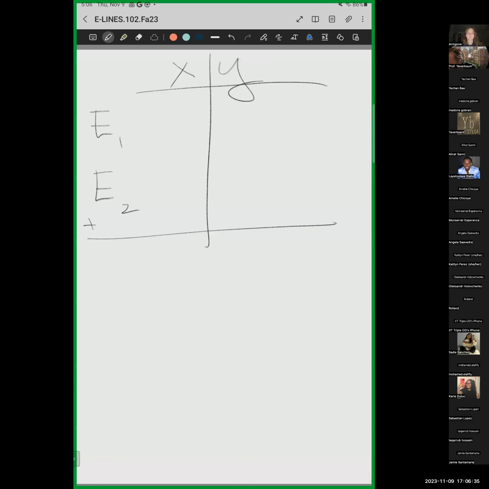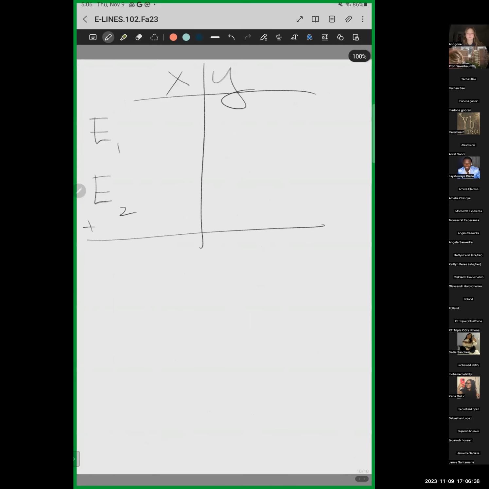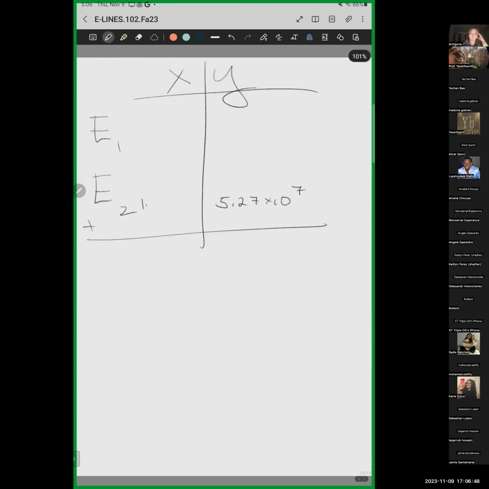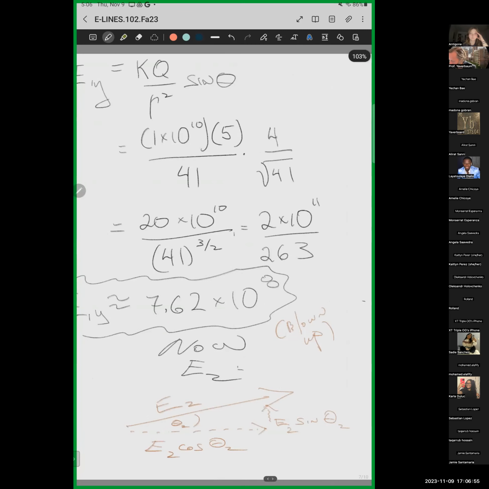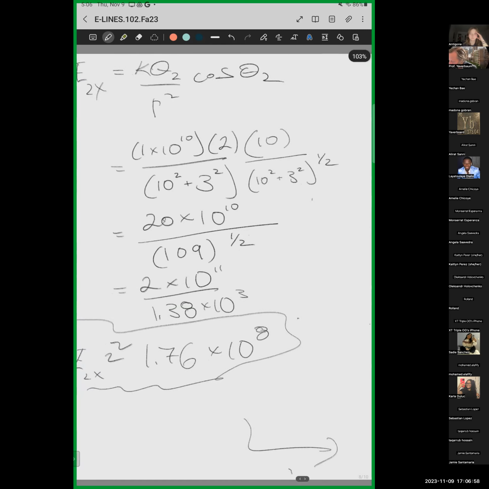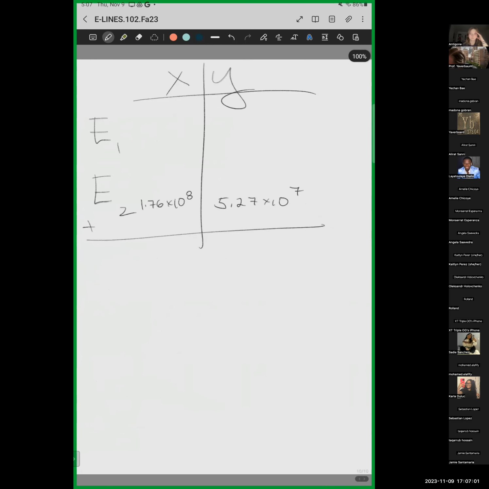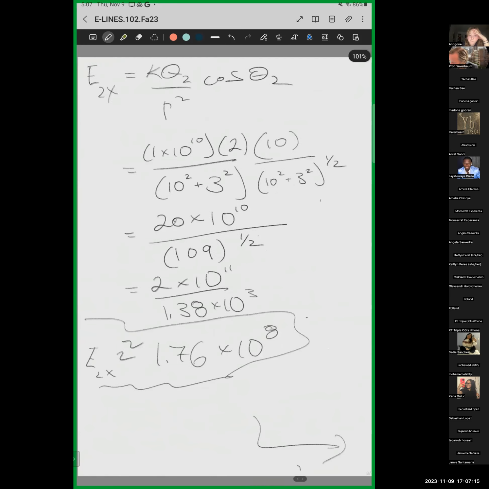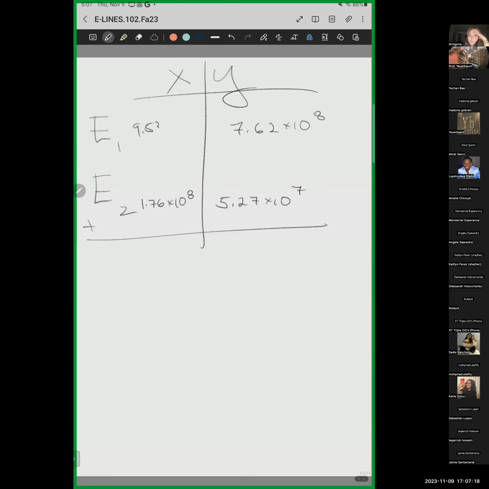So these are the four components that we're going to add up.